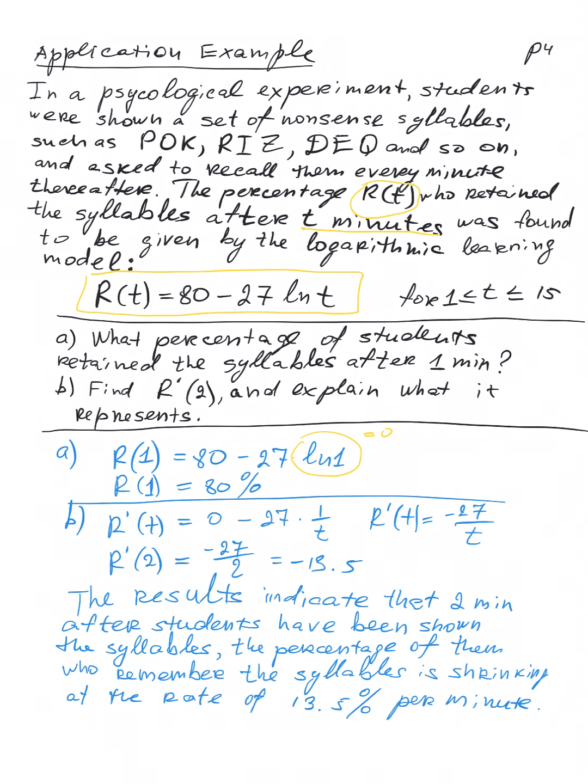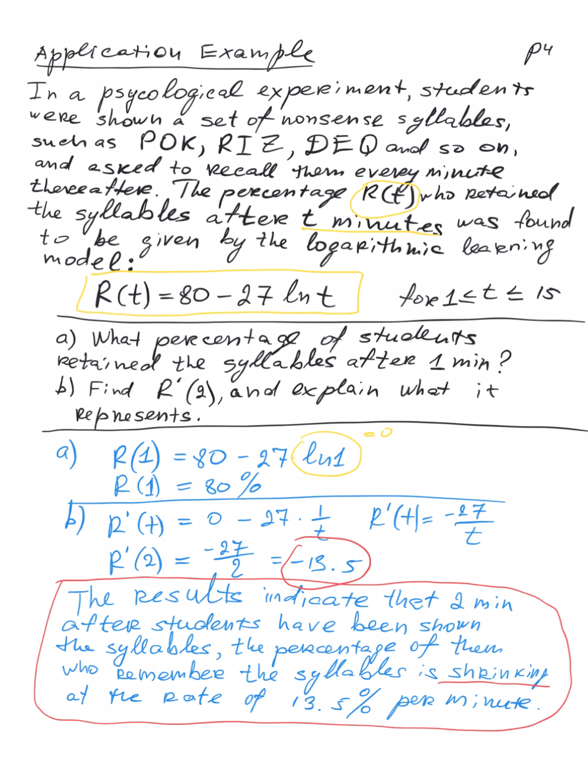So let's interpret that second part, part B. The results indicate that 2 minutes after students have been shown the syllables, the percentage of them who remember the syllables is shrinking. That's why you have a negative sign in front of the number, at the rate of 13.5% per minute. Okay, that's our conclusion.